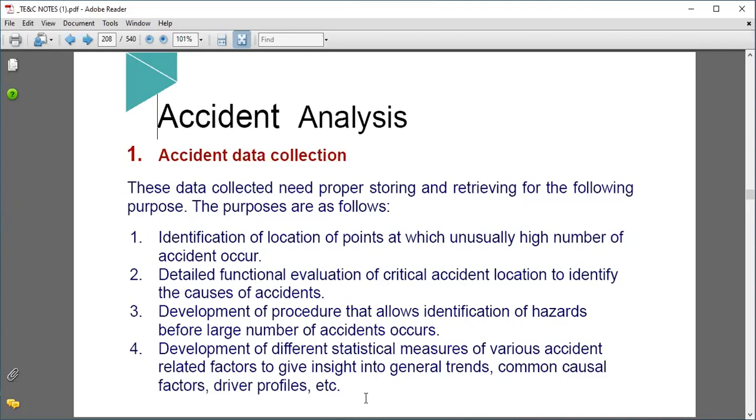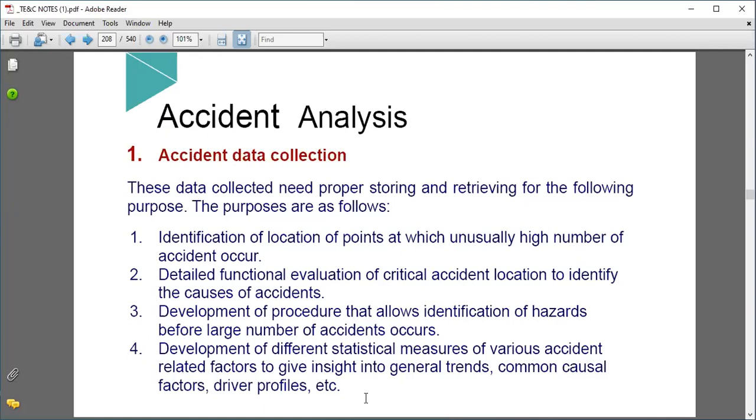First one is the identification of locations or points at which an unusually high number of accidents occur. Second, detailed functional evaluation of critical accident locations to identify the causes of accidents.